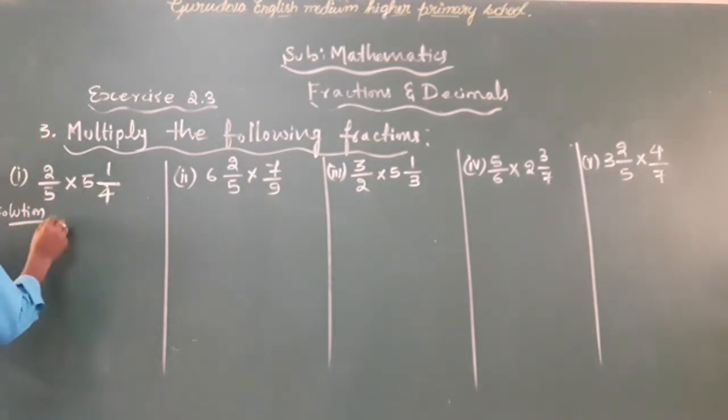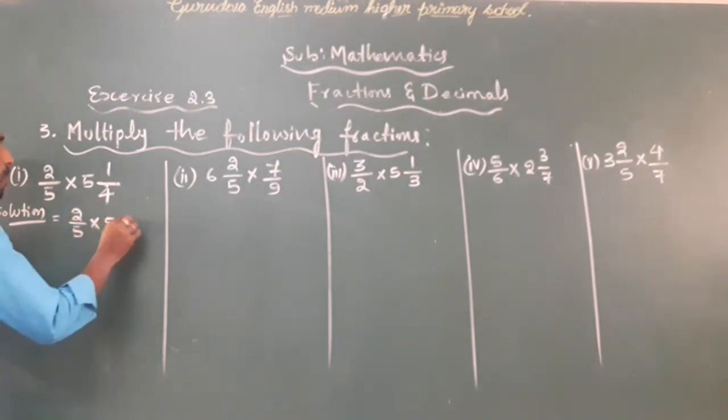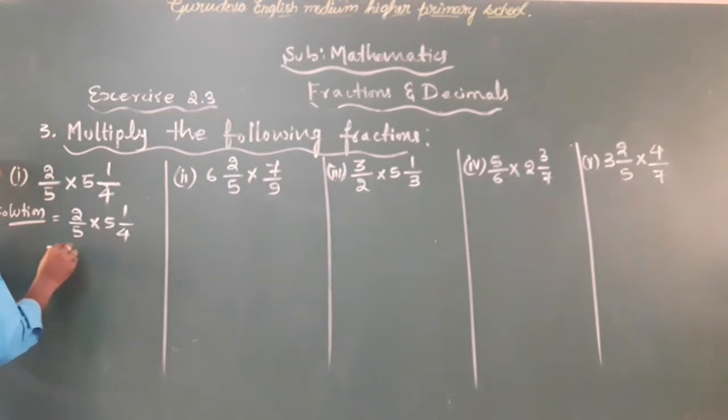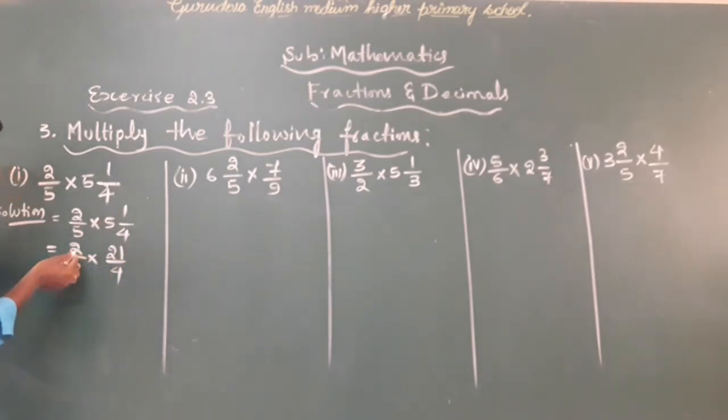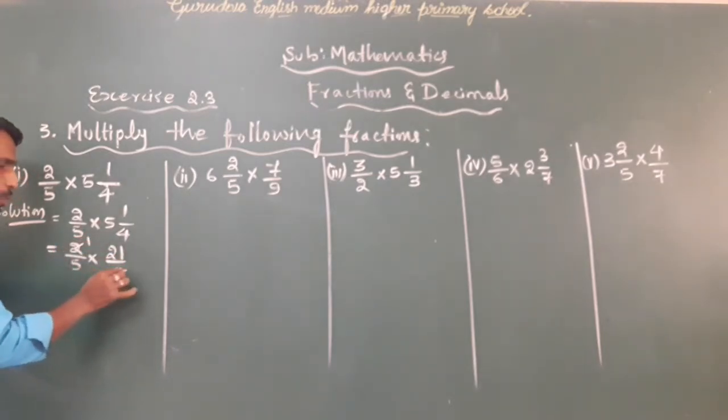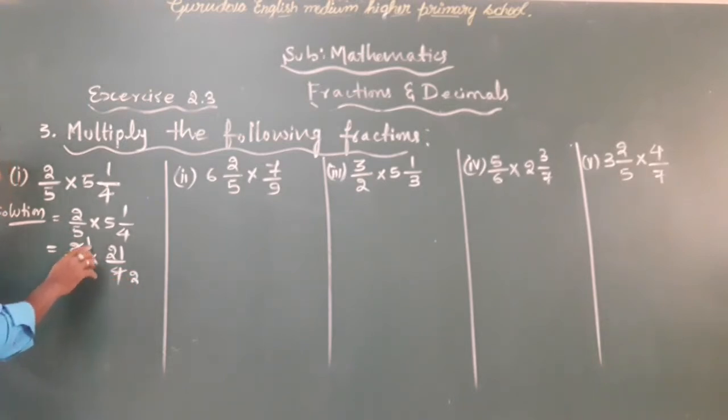Let us see the solution. 2 by 5 into 5 whole 1 by 4. When we convert to an improper fraction, 5 fours are 20 plus 1, 21 by 4. We cancel here, 2 ones are 2, 2 twos are 4. Now 21 into 1 is 21, and 5 into 2 is 10.